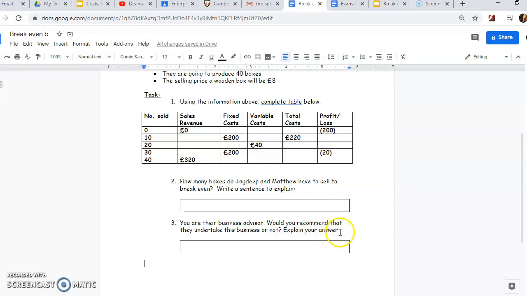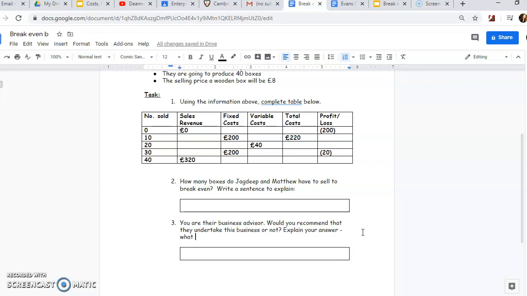Another thing I could ask you here, instead of just saying explain your answer, is what is the best strategy they should undertake. Just give me a bit of reflection as to what you think their plan is, whether it's a good plan or not so convenient for them, why it's not convenient and what they could do to make it even better, or whether you think it's good the way that it is.